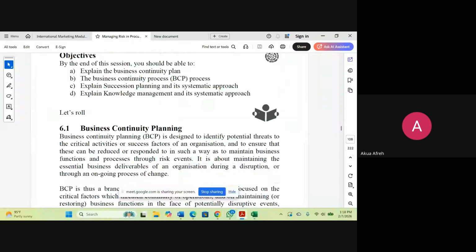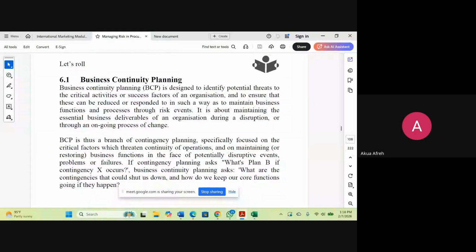These are structured plans, or should I say procedures, that are designed to ensure that an organization can continue with their operations during and after a disruption.